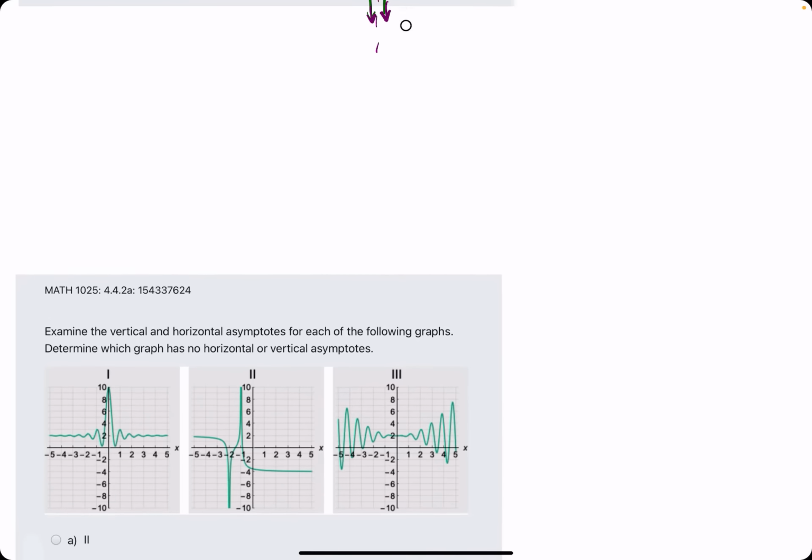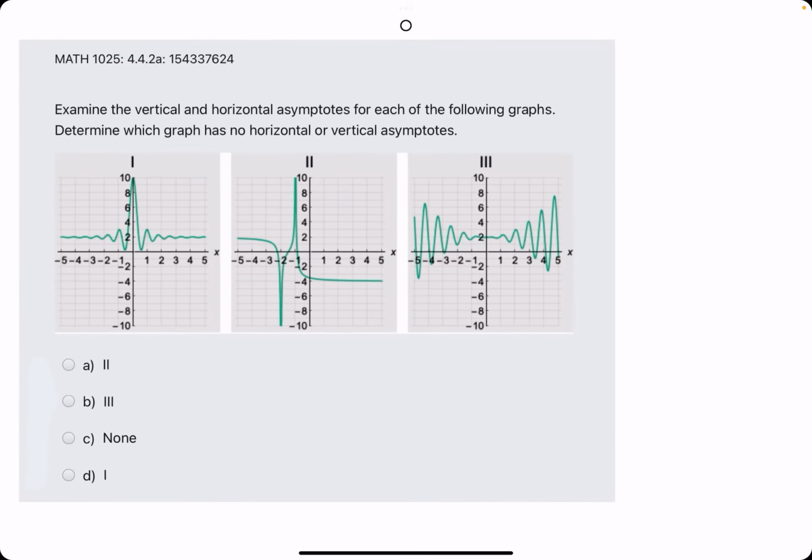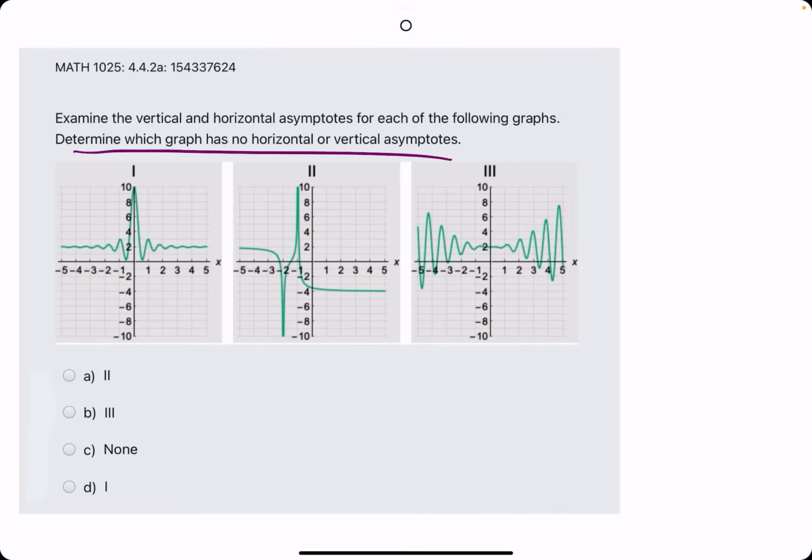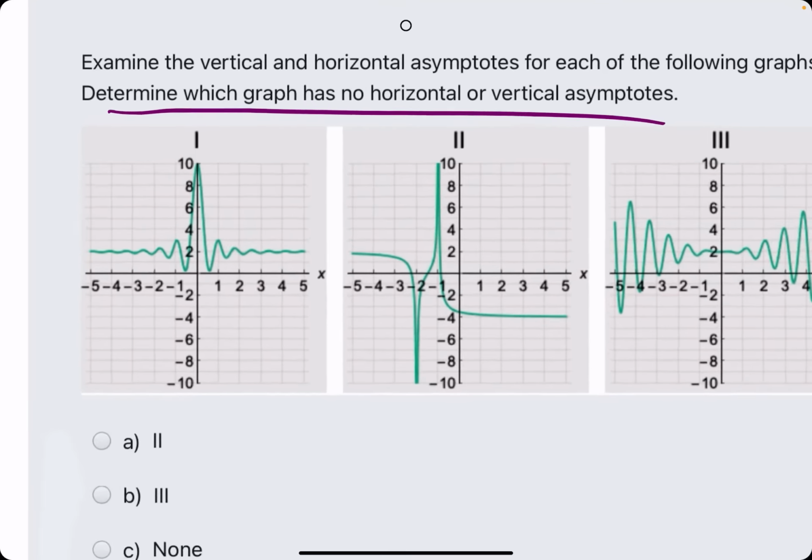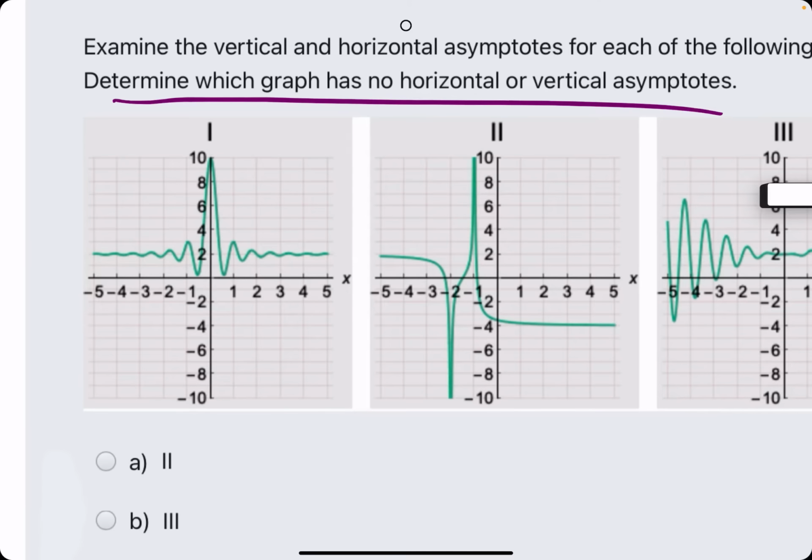Let's go and do 2 more examples real quick. In this one, they say determine which graph has no horizontal or vertical asymptotes. In this case, number 1 is a great example of a function that crosses its horizontal asymptote a bunch. Regardless of it oscillating nonstop, as it goes to the right, it's still leveling off eventually at y equals 2 on both sides even.